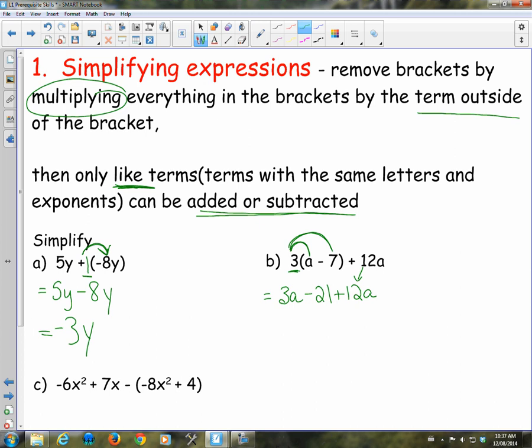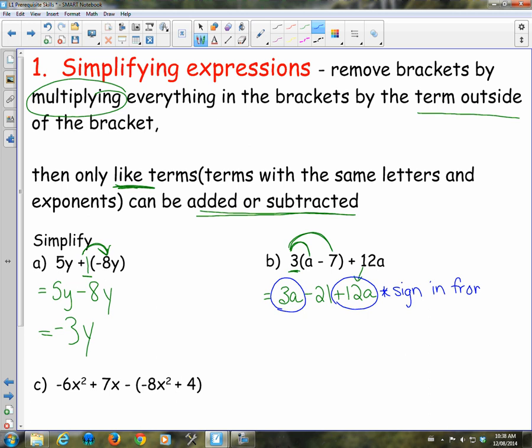Before we're done, we got to look and see if there's any like terms. So I look for the same letter. 3a has an a, 21 doesn't, and 12a has an a. So I want to put the like terms together. Remember, the sign in front always stays with the number.